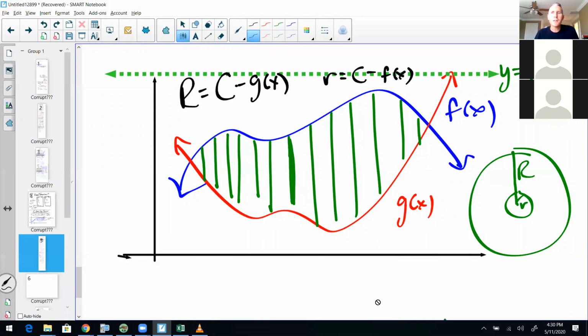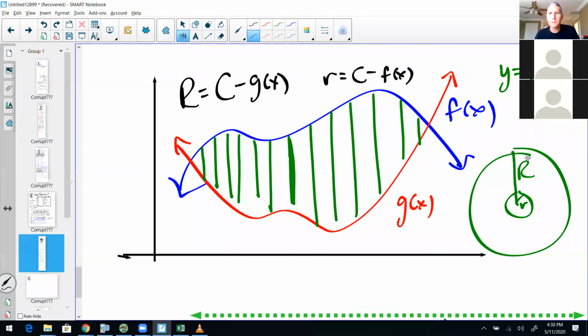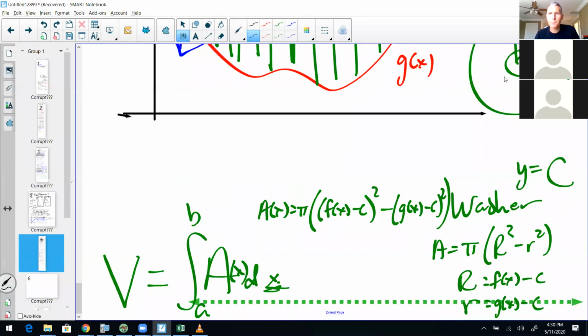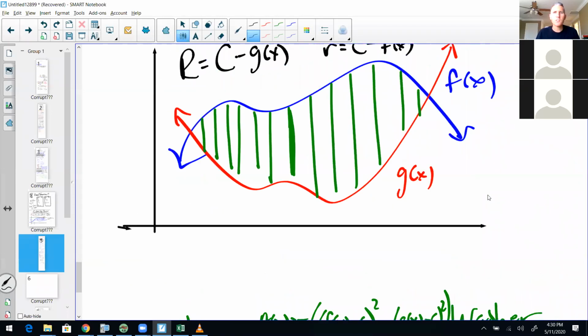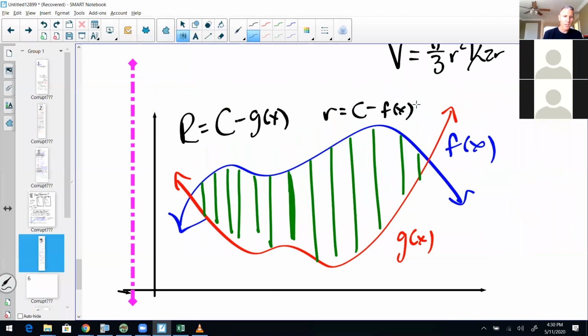If the line that we're rotating about is, get down here. Come on. Okay, so if the line I'm rotating about is over here, now let's talk about this.